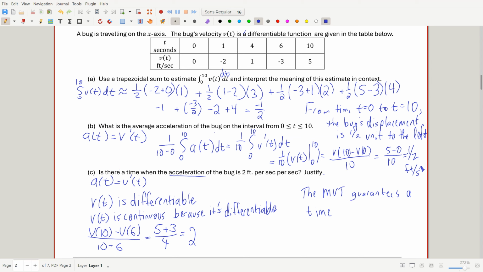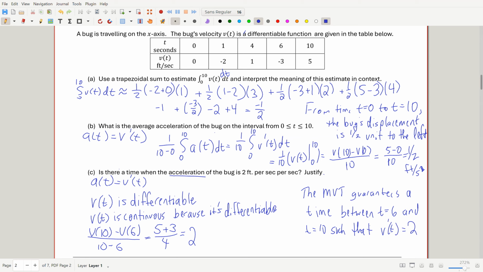They didn't give us one, so we'll say between t equals 6 and t equals 10, such that what we wanted, V prime of t equals 2.